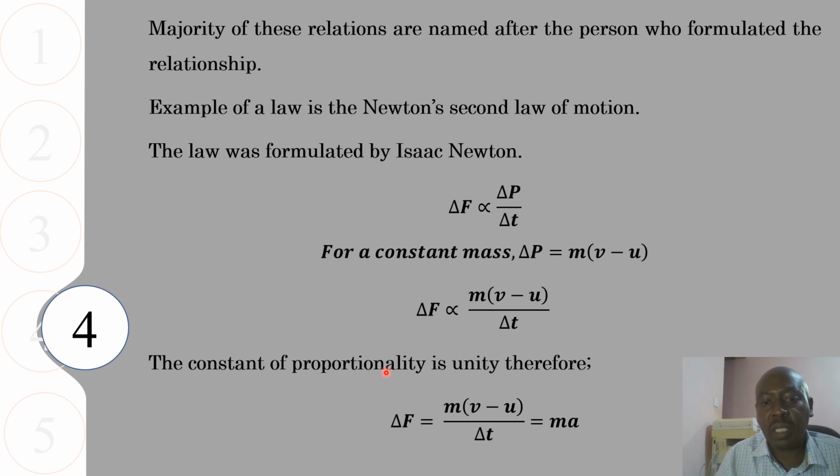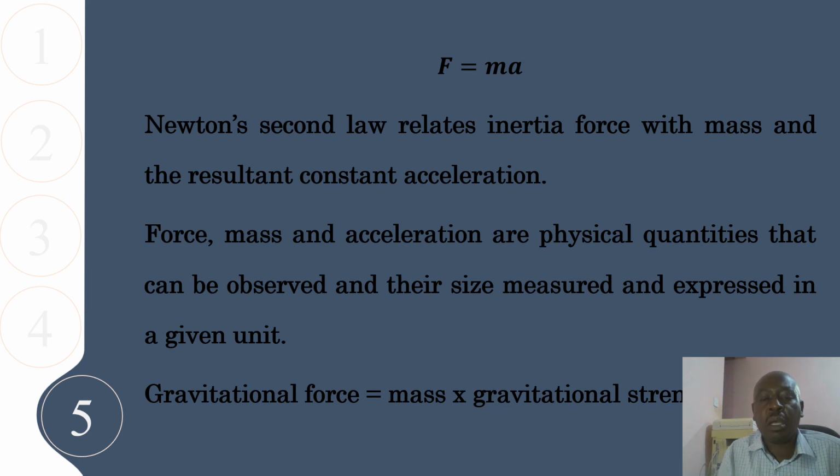The constant of proportionality is unity, that is 1, and therefore if we now make it into an equation, you have that a change in the inertia force is equal to mass times acceleration. F is equal to m multiplied by a.